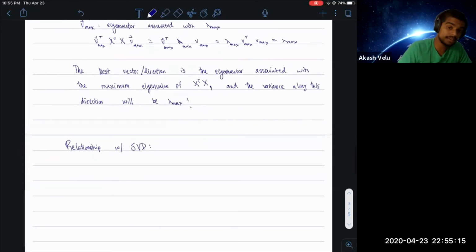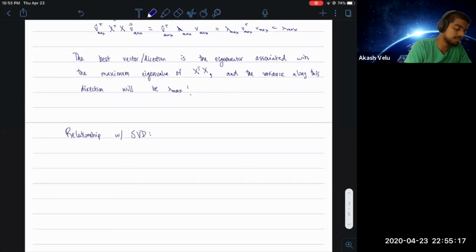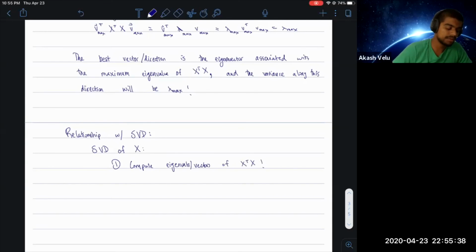Remember that in the SVD of X, we usually compute, as step one, the eigenvalues and eigenvectors of X transpose X, and that's going to give us a matrix V of eigenvectors and a lambda of eigenvalues.